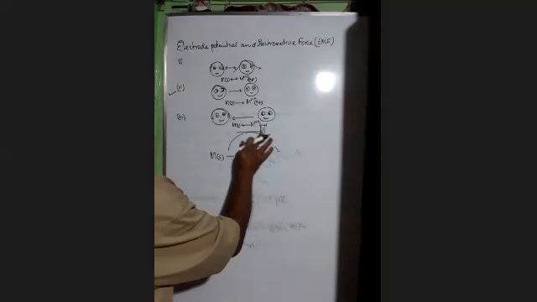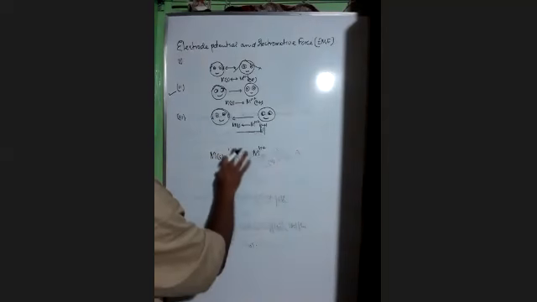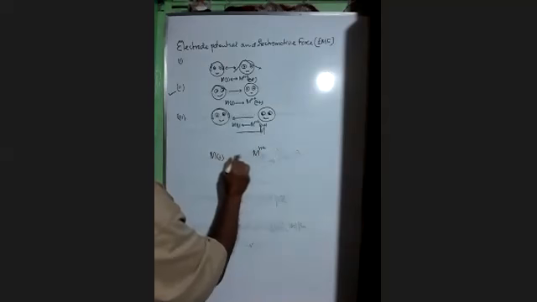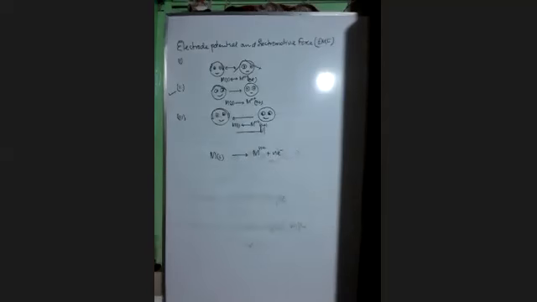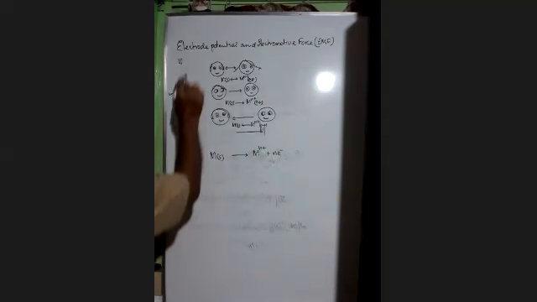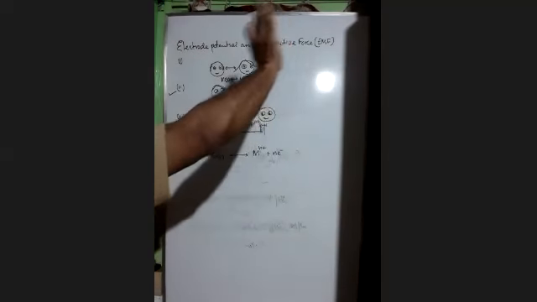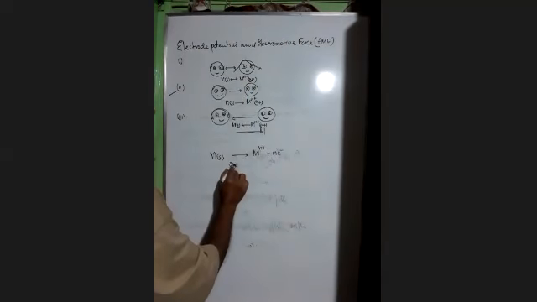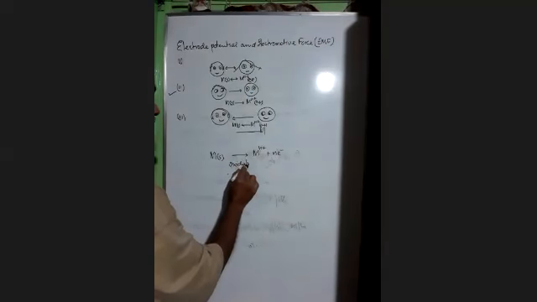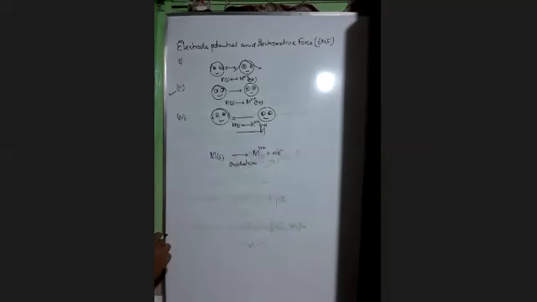Just to follow the convention, I transfer it to the right hand side. So I'll write it like this: M gives M^n+ plus n electrons. The loss of electrons is called oxidation. So in this case, oxidation takes place.